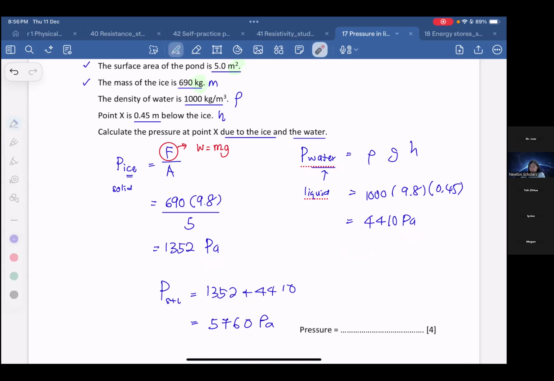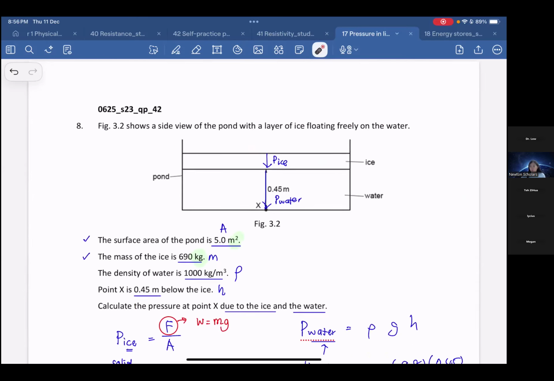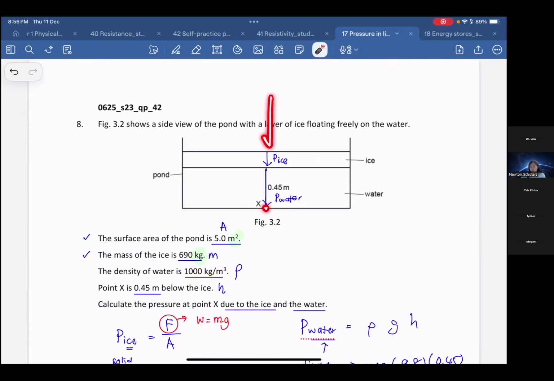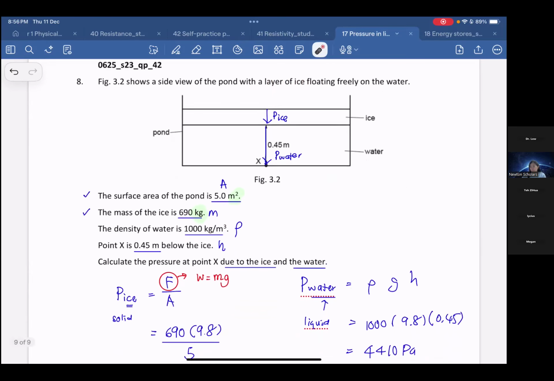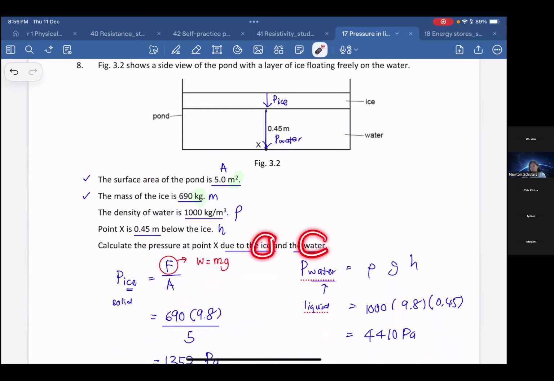Here I cannot say this is called total pressure. It's just pressure due to ice and water, because if I mention total pressure, we still need to include atmospheric pressure. But the question will mention clearly due to ice and water. So based on these two, do calculation and add it up together.